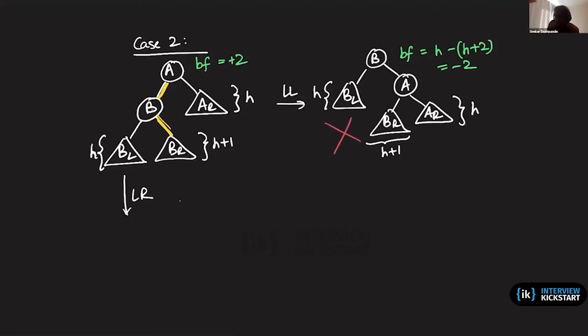If we do LR though, you might remember that we needed a C as well. We have to zoom further into B sub R. So this subtree is going to be of this form, C sub L and C sub R.